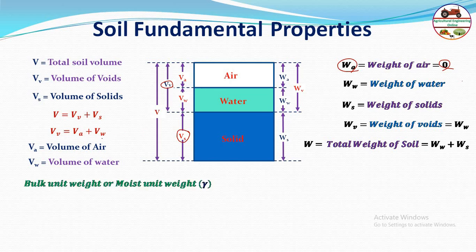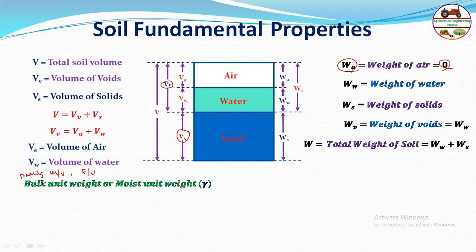Now let us consider the bulk unit weight, or moist unit weight. This is the unit weight, or in this case you can say density also. Density, as I already told you, is mass per volume, and unit weight is force per volume.